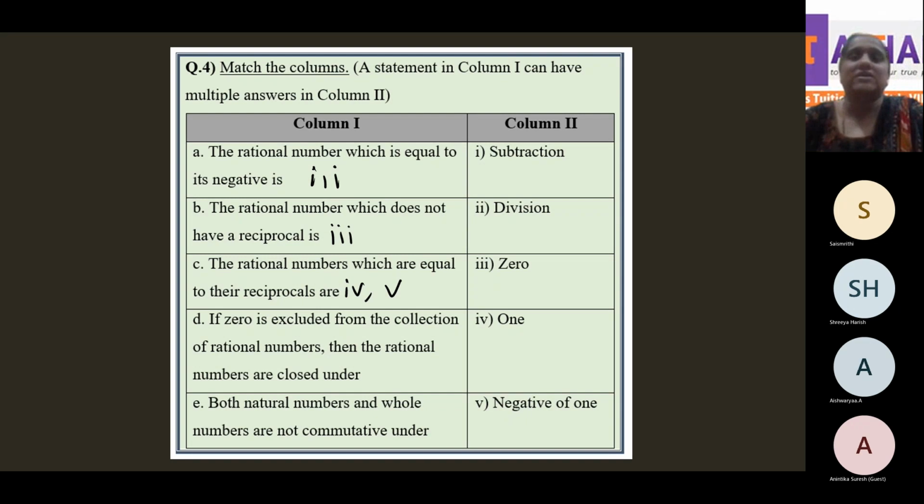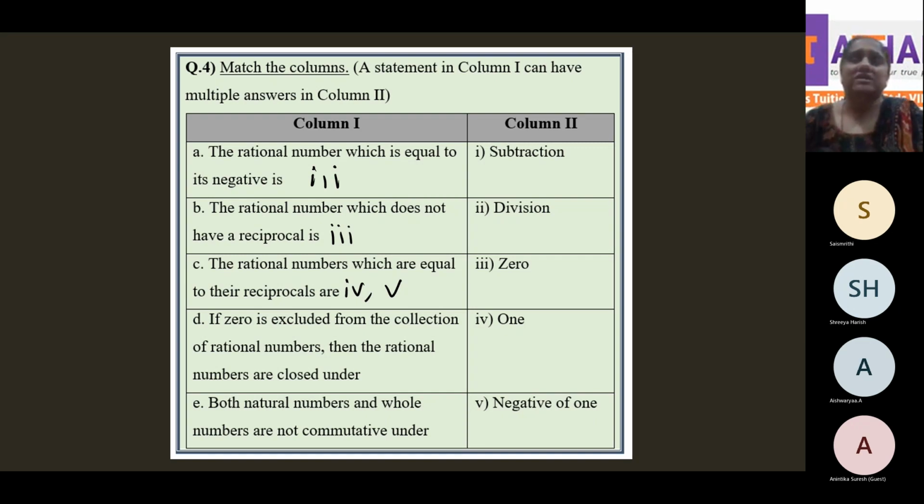Closed under means what? When you take two rational numbers, their difference is always rational. You have only learned rational numbers now. You don't know anything other than that. So when you take two rational numbers and find their difference, it will be rational for you.